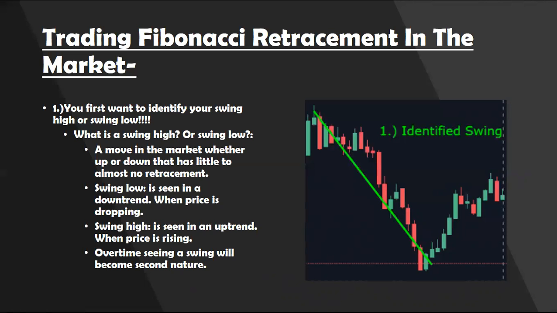A swing low is seen in a downtrend, usually when price is dropping. A swing high is seen in an uptrend, usually when price is rising. Over time, seeing a swing will become second nature.